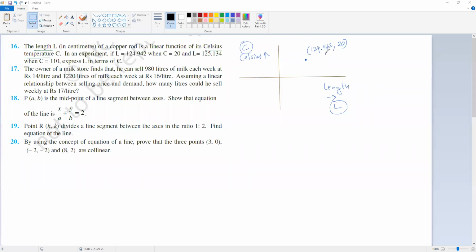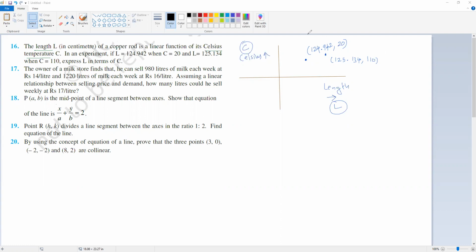So here, say this is a rough picture. This is 125.134 comma 110. Express L in terms of C.